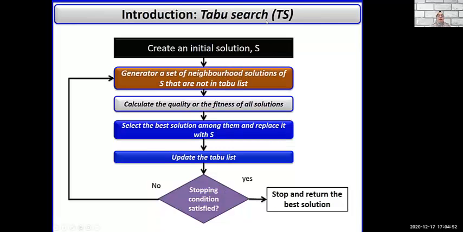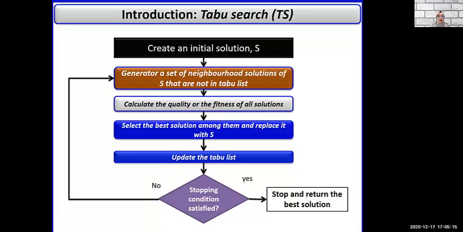Okay, let's revise on the Tabu search. Same as hill climbing and simulated annealing, the Tabu search starts with a given initial solution, and we generate a set of neighbor solutions of S that are not in the Tabu list.